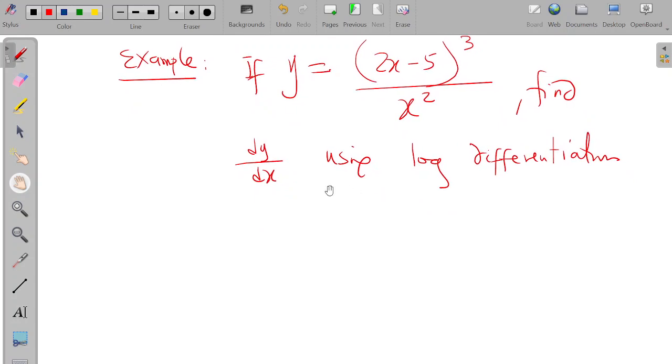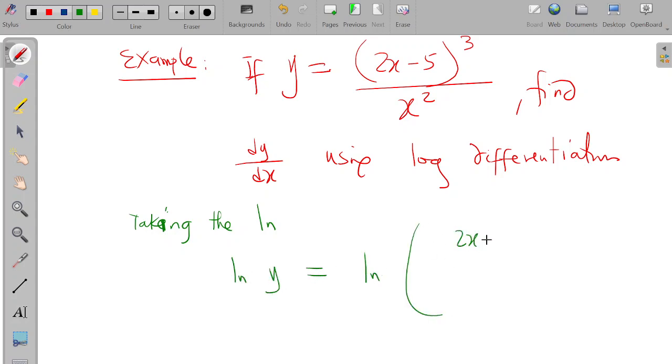So what is the first step in logarithm differentiation? We take the ln of both sides, the natural log of both sides. We have ln y equals ln of this whole thing there.